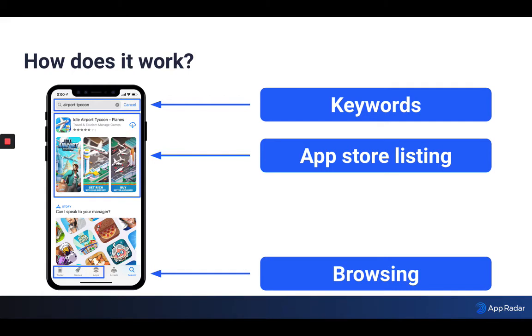How does it look like? So first, in an app store, when you type in a specific keyword, like let's say airport tycoon, it will show you all the relevant apps in the listing format. It's like when you go to Google and you type in a specific keyword, you get your SERP overview.